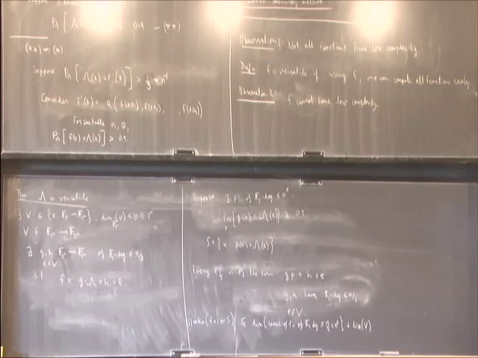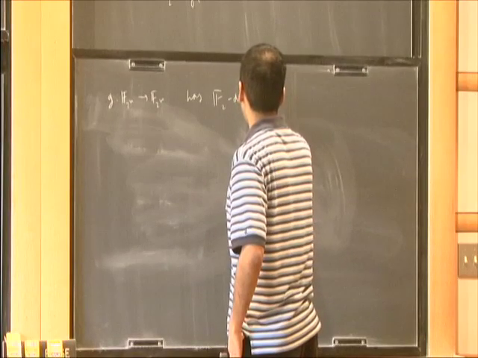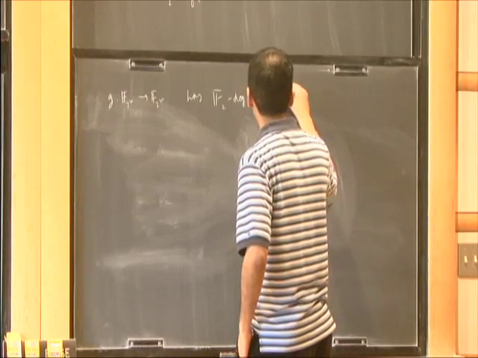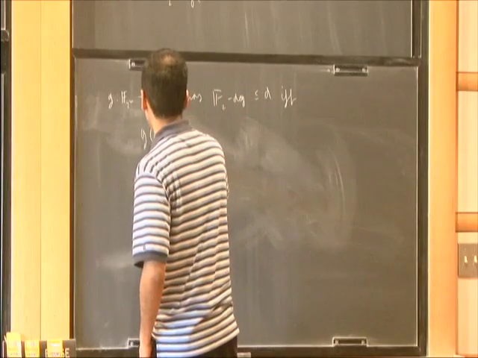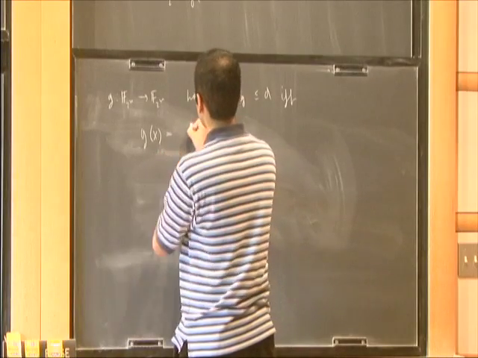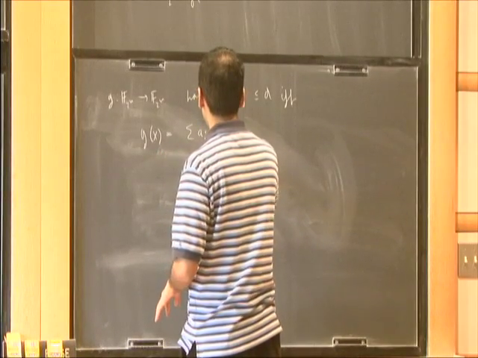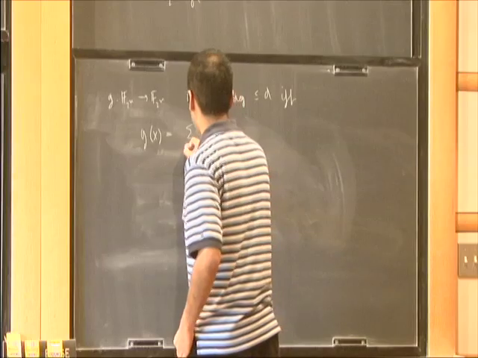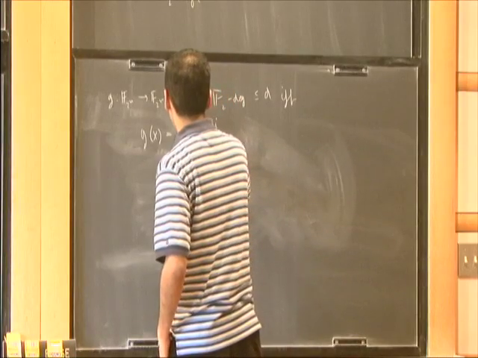So f, which is a function from F2 to the n to F2 to the n, or maybe I'll call it g, has F2 degree at most d if and only if g of x, if you write it as a polynomial summation a_i x to the i, where i goes from 0 to 2 to the n minus 1.